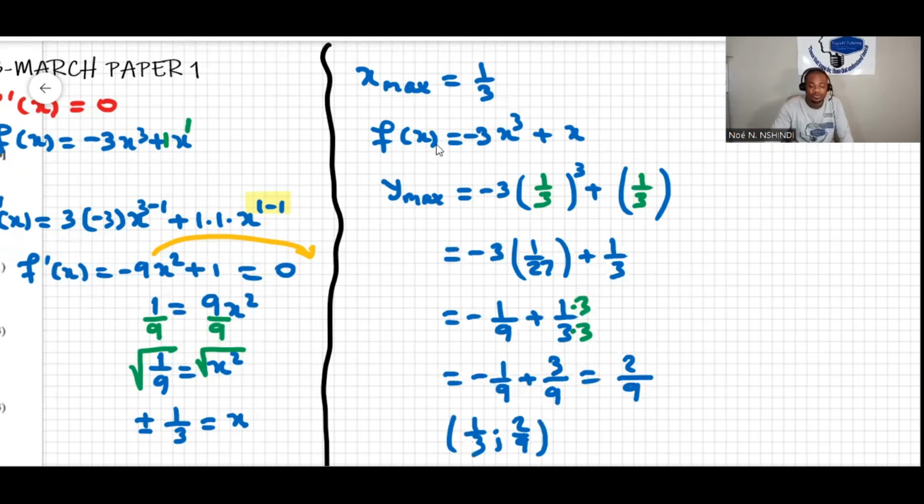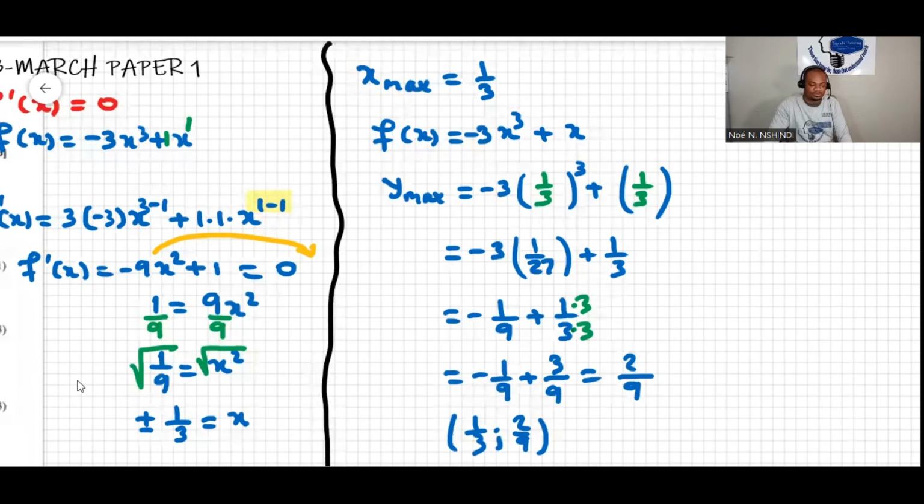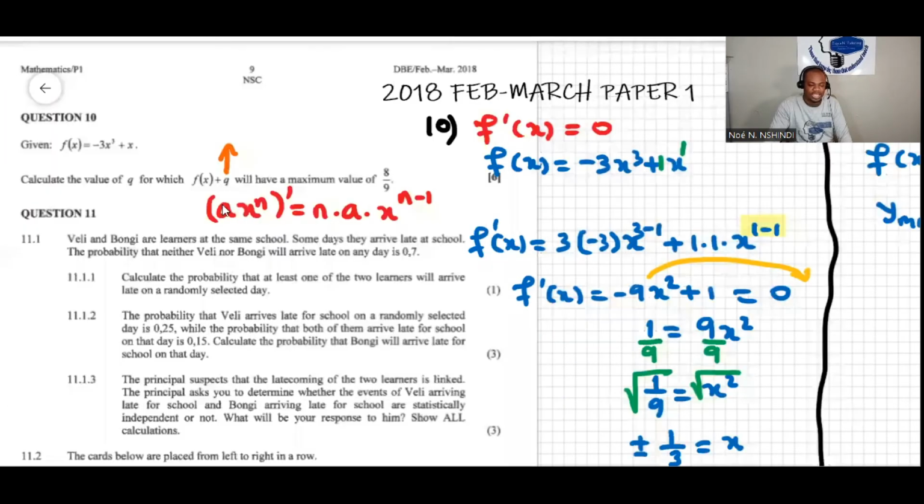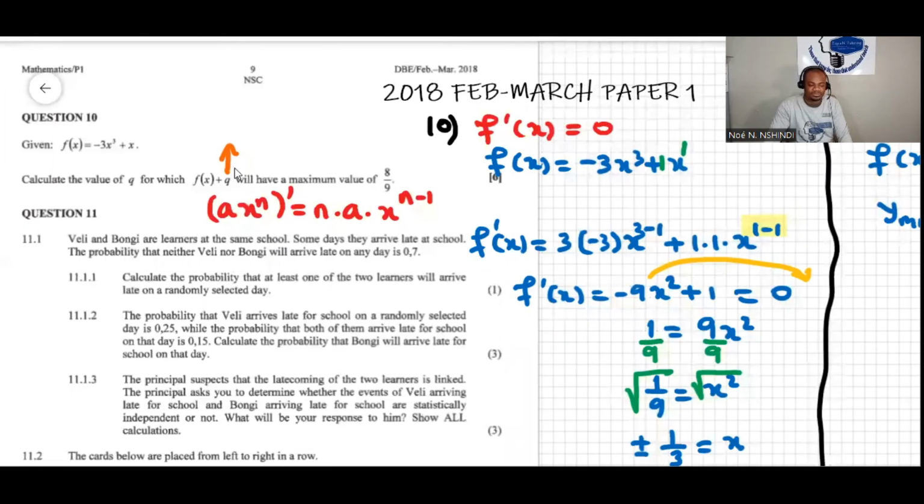But now the question says about f of x plus q, that's the vertical shift. They said it will have a maximum value of 8 over 9.